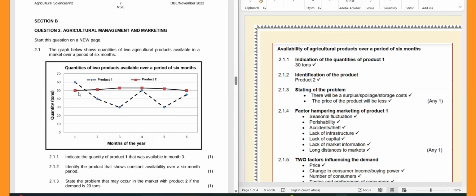And this color is brown, right? As you can see, the line tries to be straight, but it bends a little bit outwards, all right? Then goes to the line again. So as we can see, it stays between 50 and 60 quantities in tons, right? That is product 2.